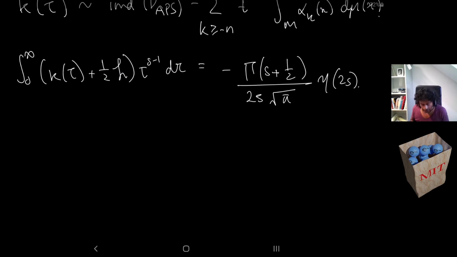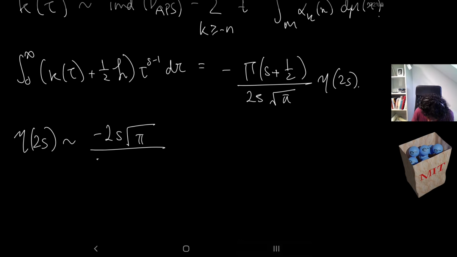So from rearranging all of this, what do we get? We end up with being able to assert that eta 2s is like negative 2s square root of pi on gamma.